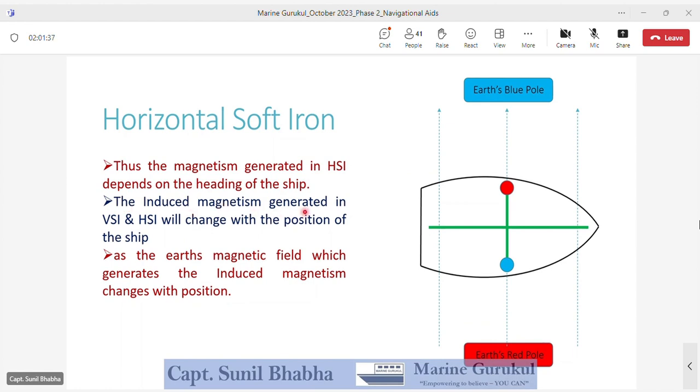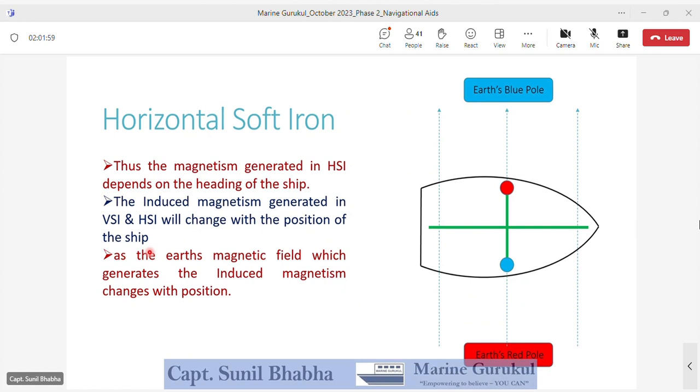The induced magnetism generated in a vertical soft iron or a horizontal soft iron will also change with the position of the ship. You see, the basic cause of this induced magnetism in soft iron structure is the magnetic field of the Earth.